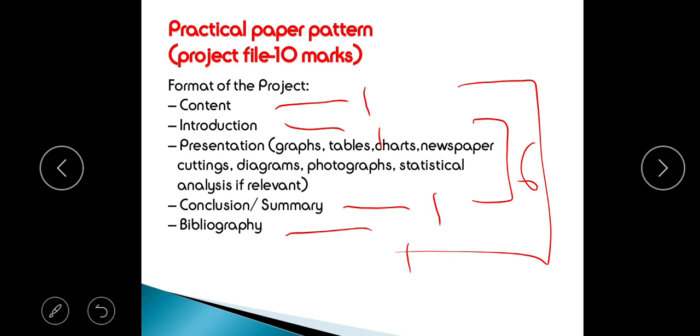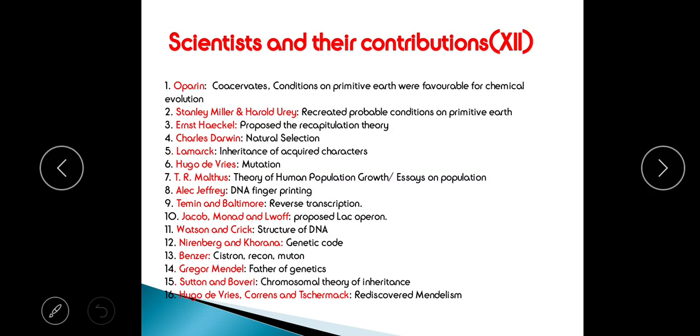This is all going to be evaluated by the external examiner, so to impress him or her you should provide a lot of diagrams, and you should not decorate excessively, but you should make the files quite nice and presentable in front of the external examiner.